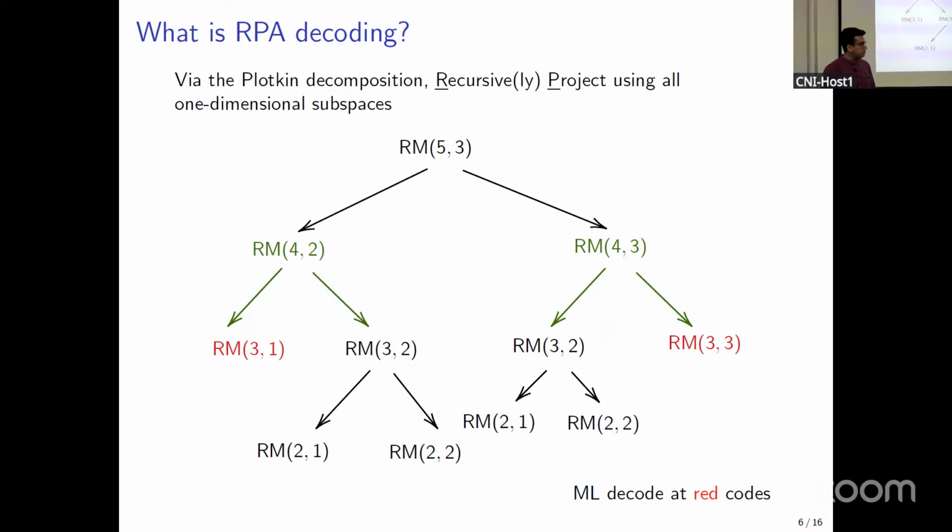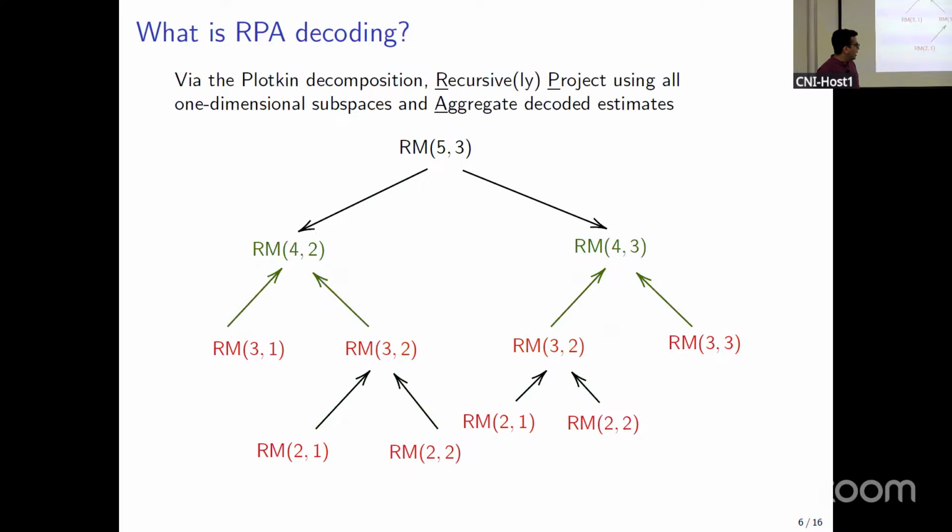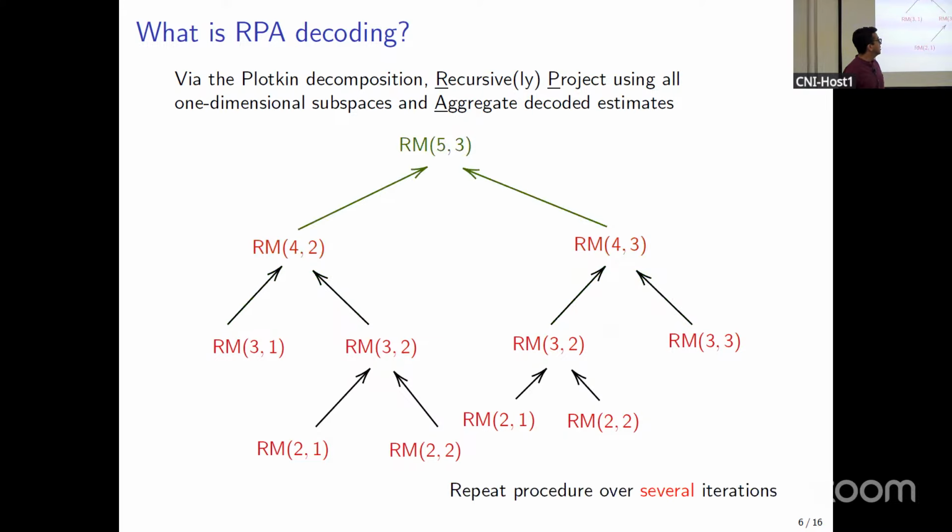Now the question is, how do you put together the decoded estimates after decoding at these leaf nodes? Which brings us to the question of aggregating these decoded estimates, and I'll show you how that is done on the next slide. The basic idea is you do this recursively: you project in order to decode at smaller Reed-Muller codes, then you aggregate. That is the recursive projection aggregation procedure.